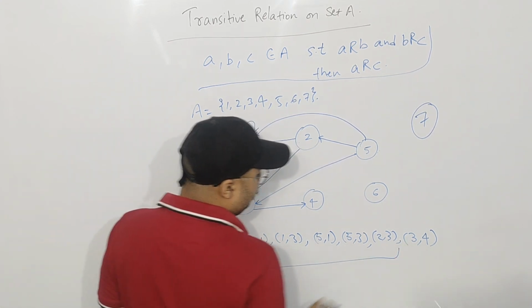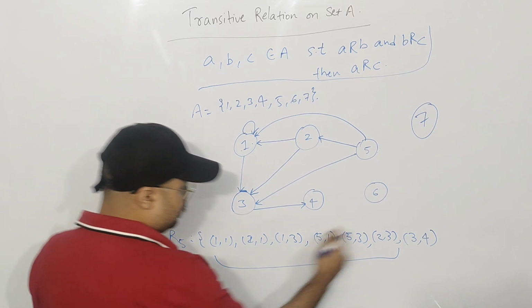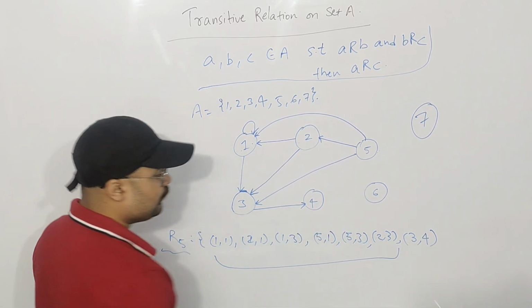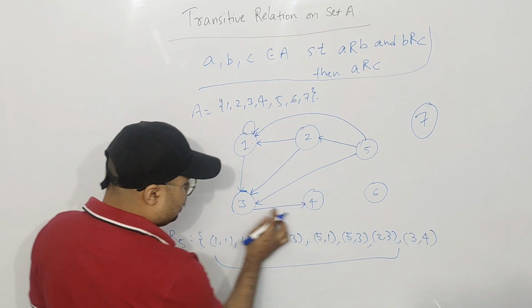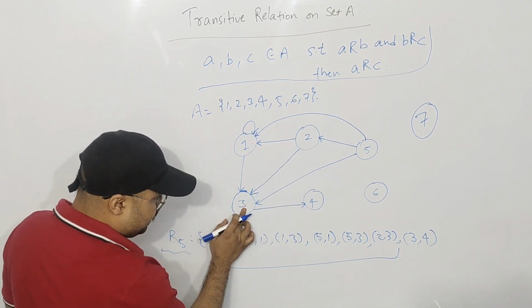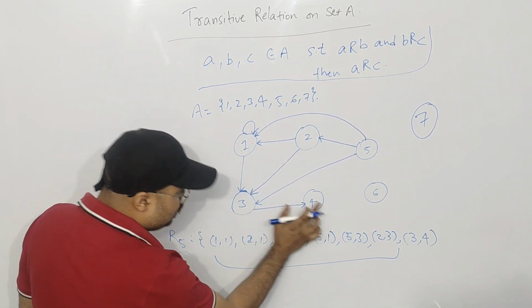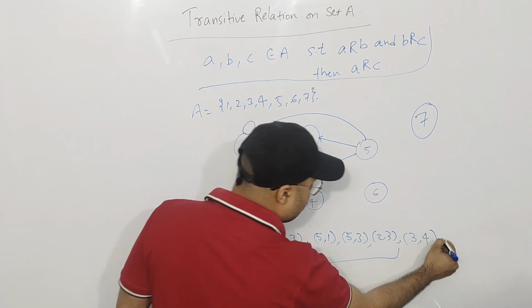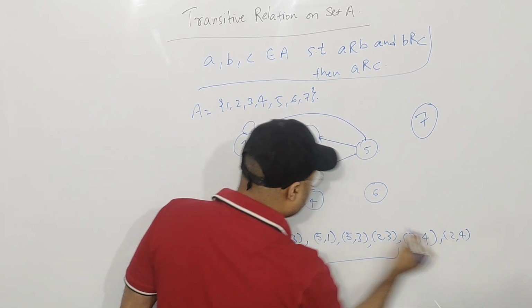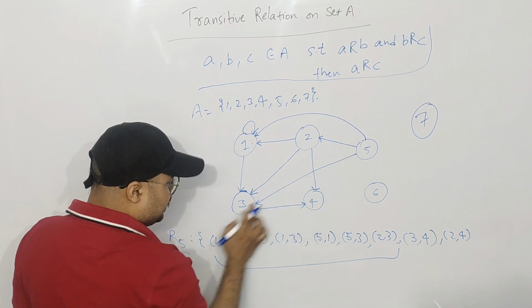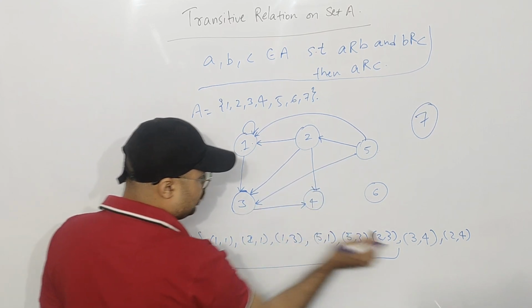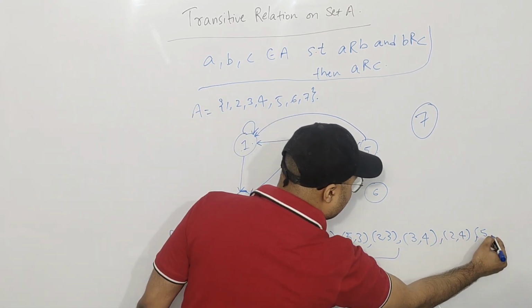Now you are adding one more ordered pair, (3,4), which means there is a directed edge from 3 to 4. Now for R5 to be transitive, 2 is related to 3 and 3 is related to 4, so 2 must be related to 4 also. 5 is related to 3 and 3 is related to 4, so 5 must be related to 4 also.